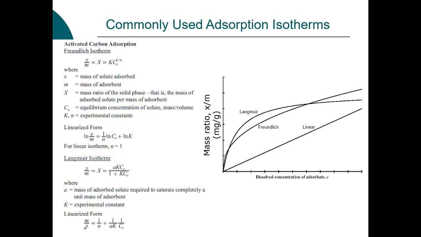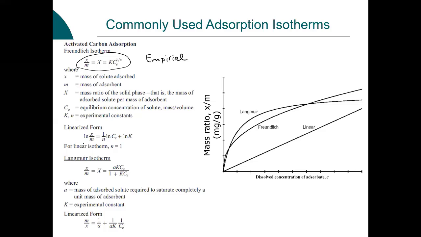The Freundlich isotherm is entirely empirical, and what it states is that the X over M value is a function of the equilibrium concentration to the 1 over N power. So this is entirely empirical.